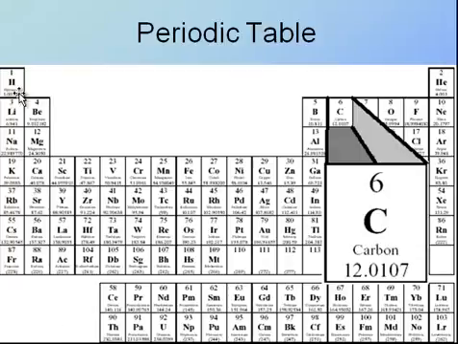First of all, the columns are important because everything in a single column would have similar chemical properties. Coming down this first column, I've got hydrogen, lithium, sodium, potassium. These guys are very reactive, and they will react with almost anything.